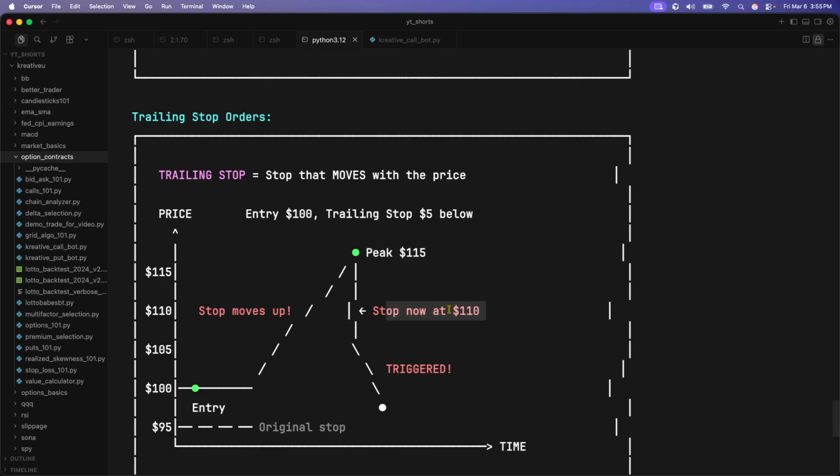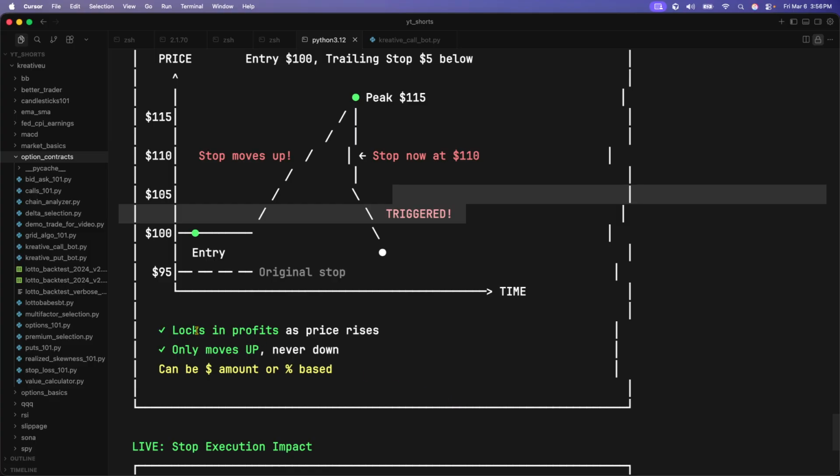As soon as price goes down to 110, it's going to be triggered, and you get out at 110 rather than at 100, so you made a little bit. You want to lock in your profit as the price rises. It only moves up, never down, and it can be amount or percentage based.